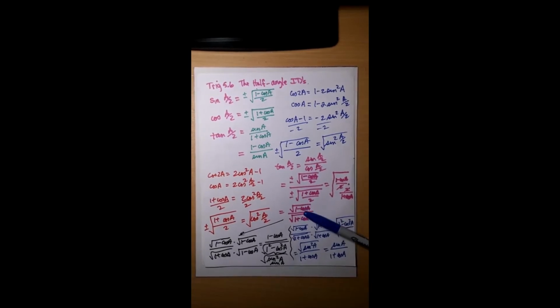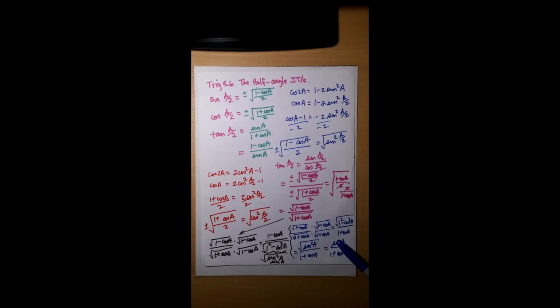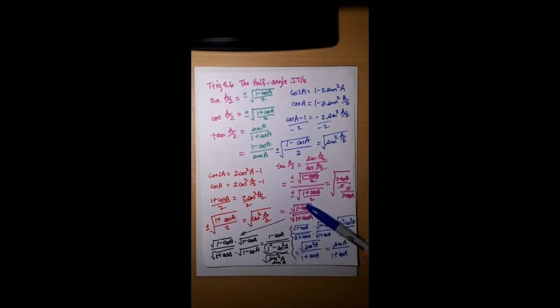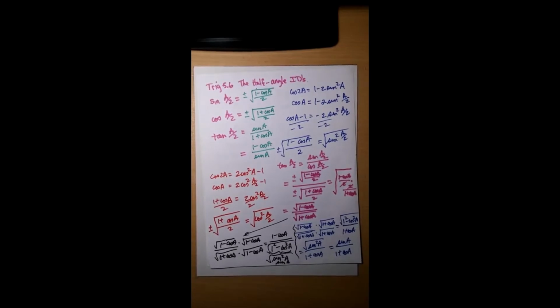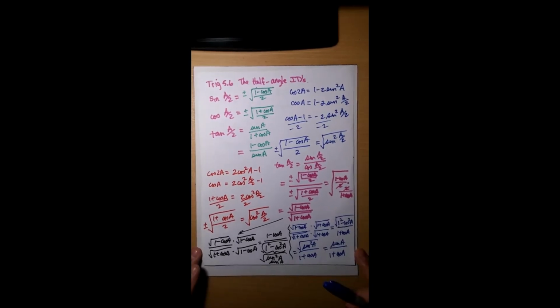And just remember the other one will be just sine. So it's either the 1 minus cosine A over the sine, or the sine over 1 plus cosine A, because that's where the 1 minus cosine A and the 1 plus cosine A are. Those are the half angle identities. In the next few examples, I'll show you how we're going to use those.